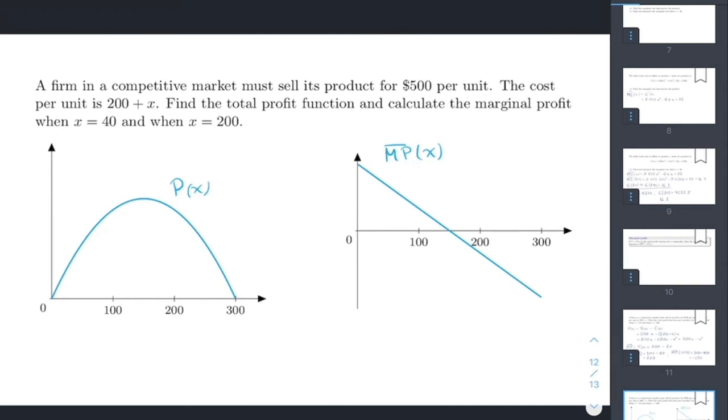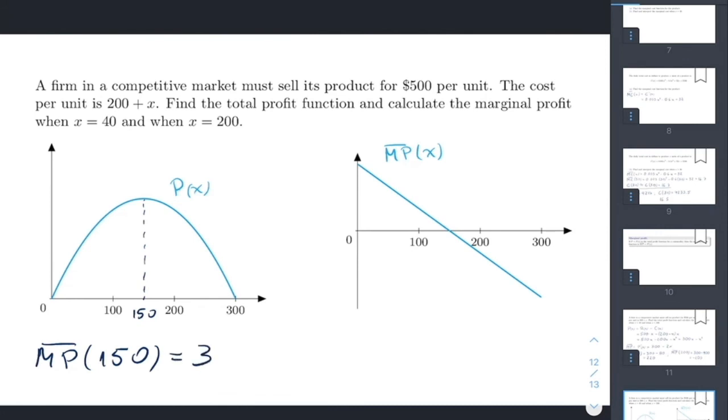And the most interesting thing is trying to detect this point where the profit is maximum. So studying parabolas, we know that this number will be 150. If you don't know this, don't worry, we will work on this a lot. And now let's try to find the marginal profit when X is equal to 150.